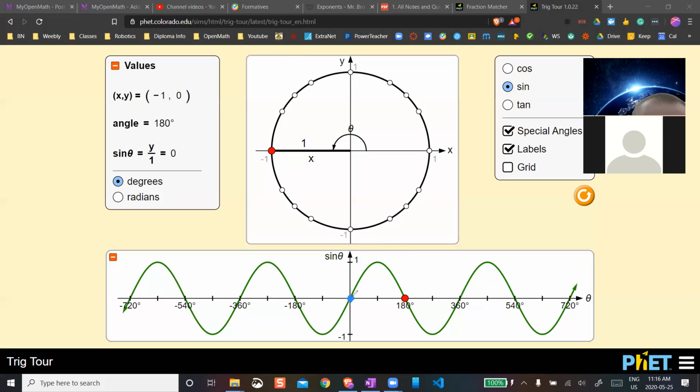If I was looking from this point, I can see that this thing is on its way up at this point right here, right? And then if I go all the way over to 360, it's on its way up again. So the pattern's starting to repeat again right there. So this is my period. So the period would be 360 degrees.